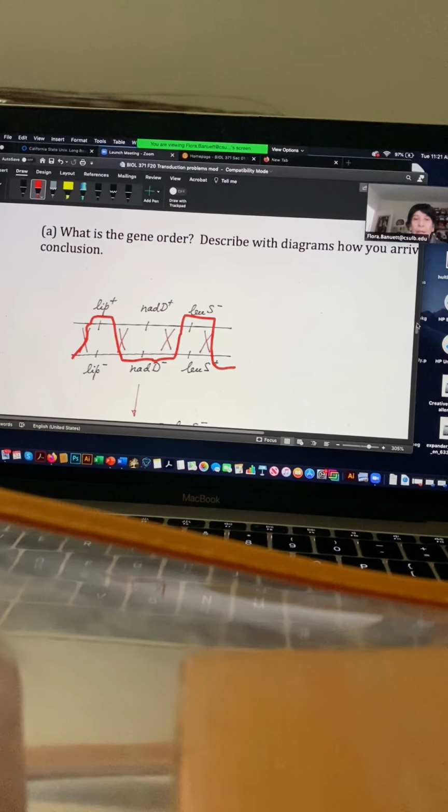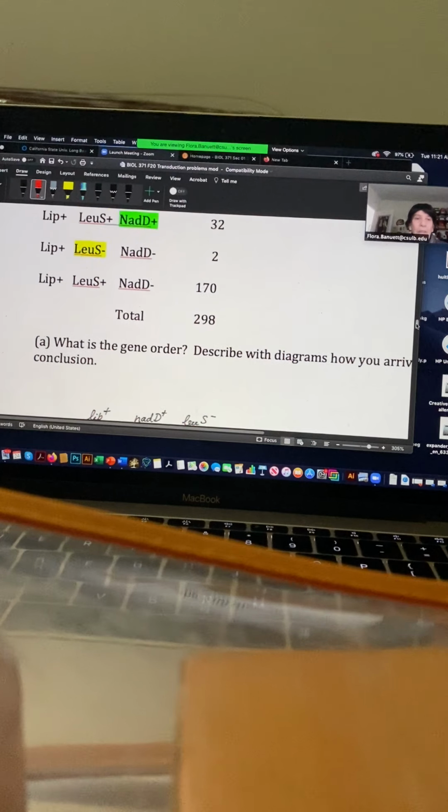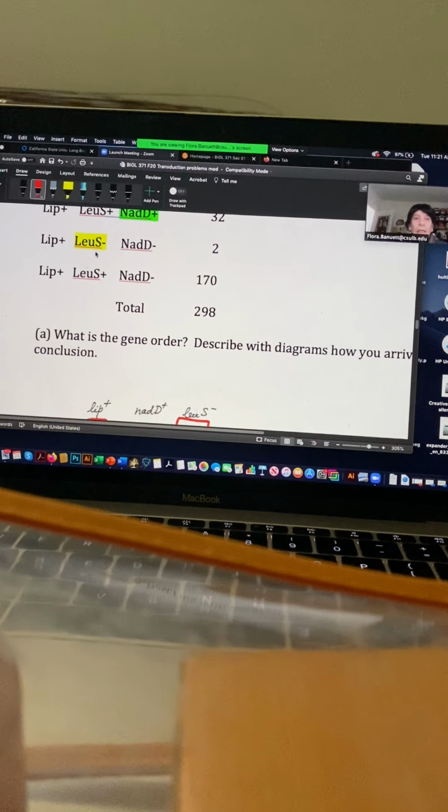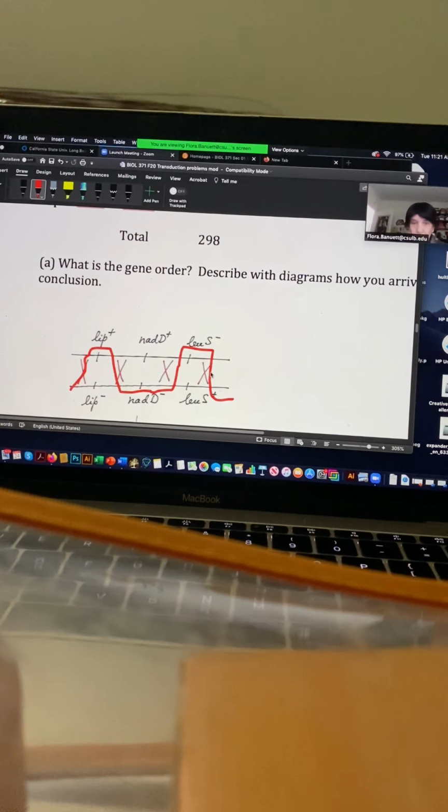Okay? And so the rarest class is LIP plus. All of them are going to be LIP plus because that's what you're selecting for. LU minus, NAD minus. So that indicates that this is the correct gene order.